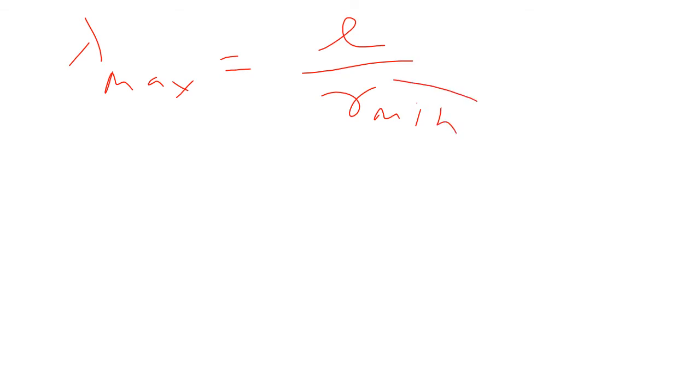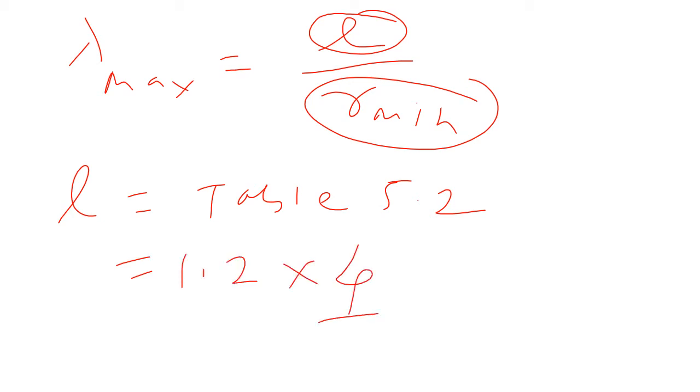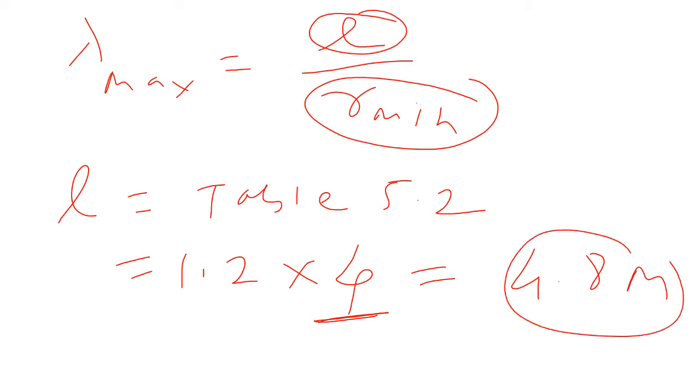So we will use that value here, but we still don't know about this small l. The small l is the effective length. How will you find small l? From table 5.2, for the given type of axial loading for the compression member, small l will be equal to 1.2 times the unsupported length. Unsupported length is 4, so effective length in this case will be 4.8 meters. We just have to plug this value and our minimum value to get lambda max.